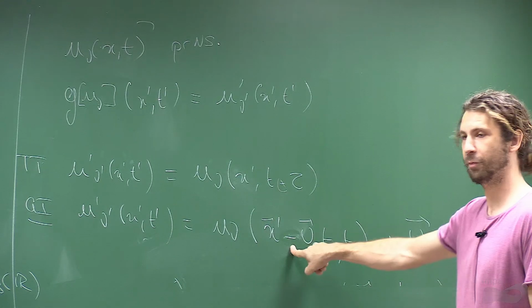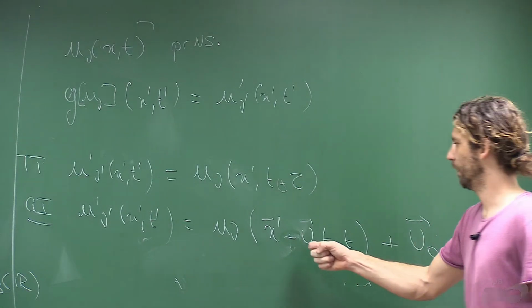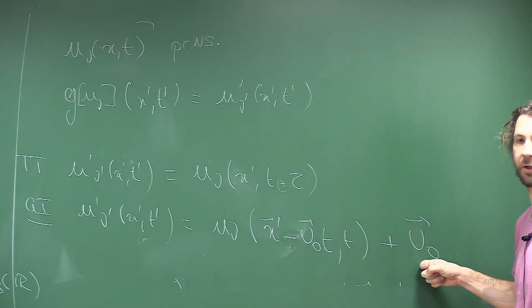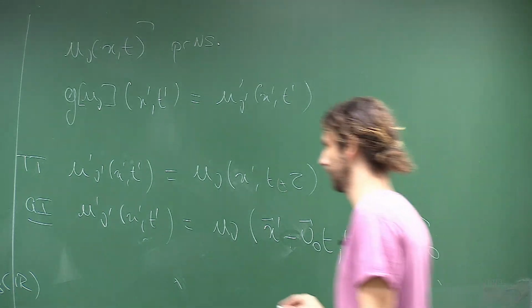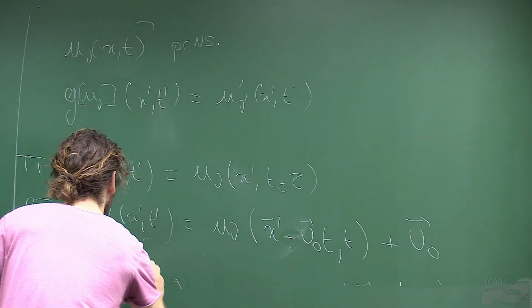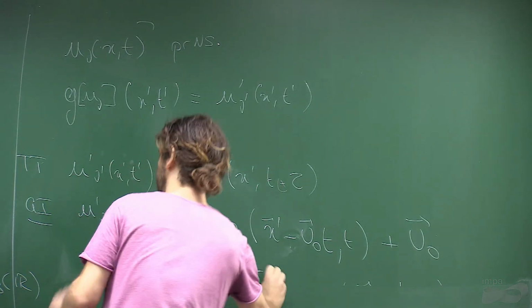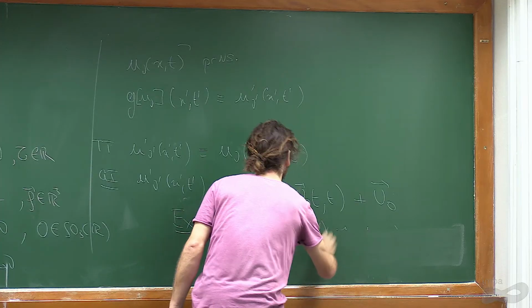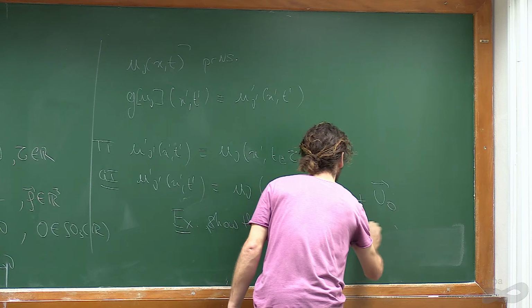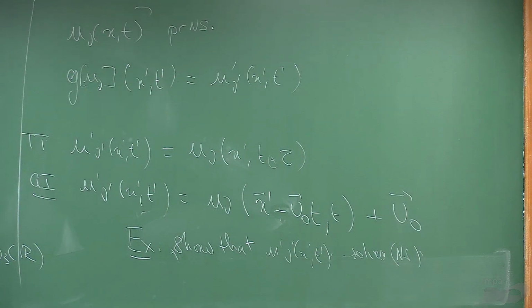Here the minus is very important, because this minus will cancel this plus when you plug it into the Navier-Stokes equation. So, exercise: show that u prime solves the Navier-Stokes equation.